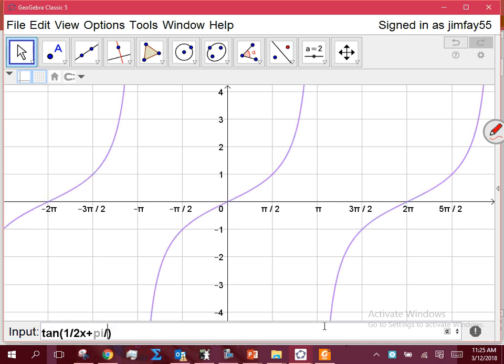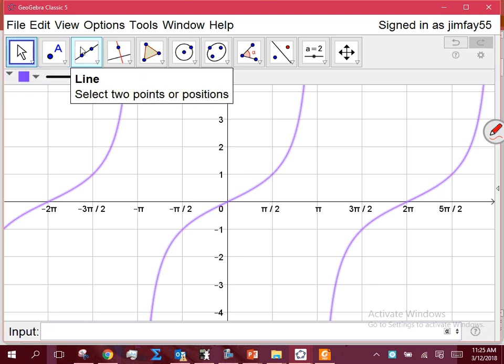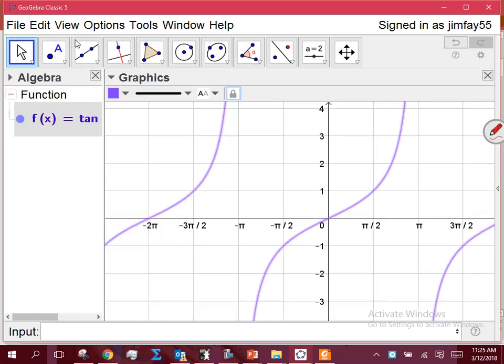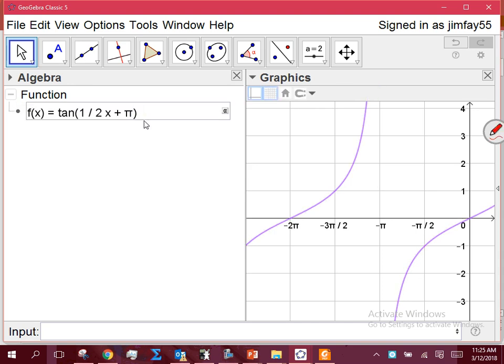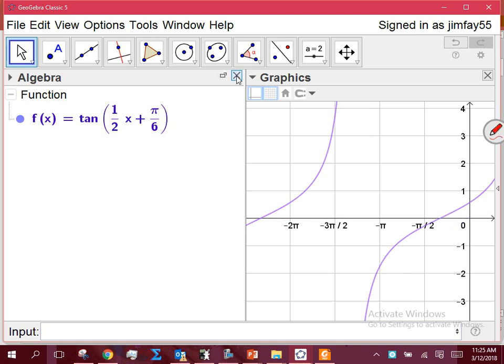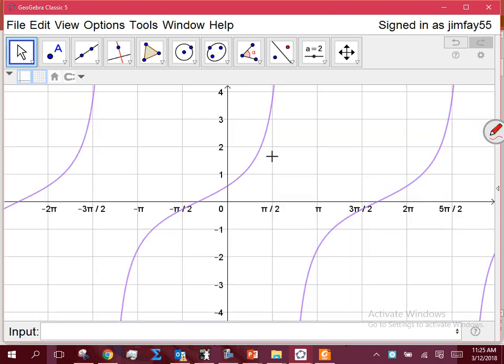It was pi over 6 is what we started with, okay? And I don't think that did what I wanted it to do. I think I put an extra parenthesis in there somewhere. Nope, I need to get the 6 in. Pi over 6. There we go. All right, so that's the graph that we should have, okay?